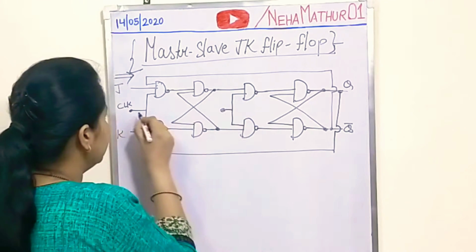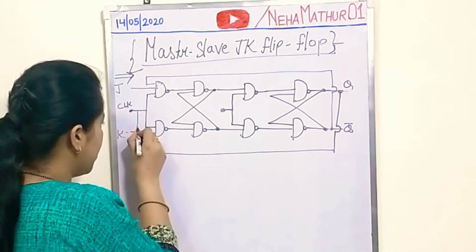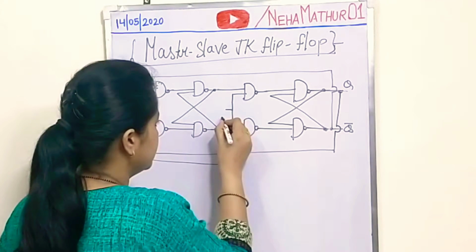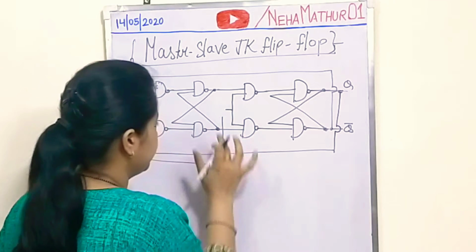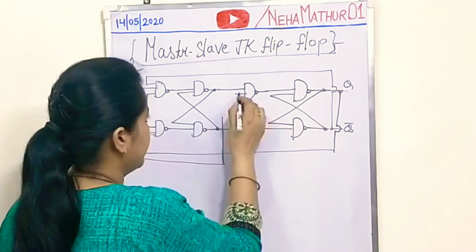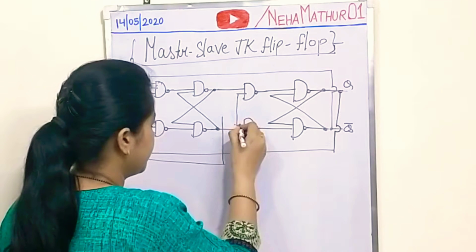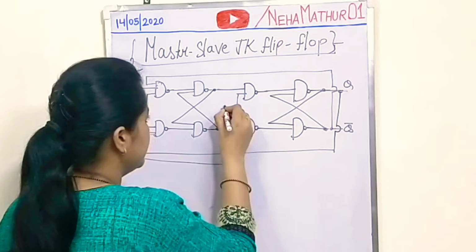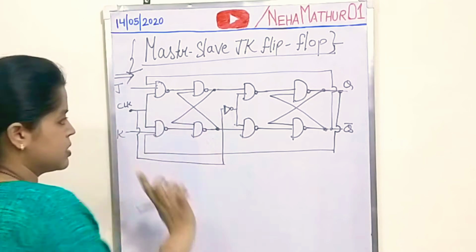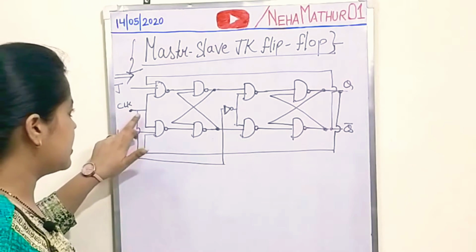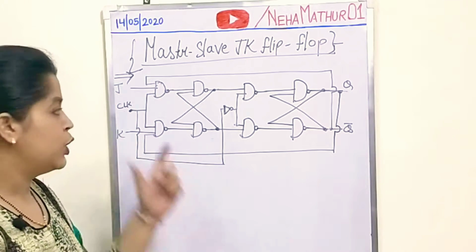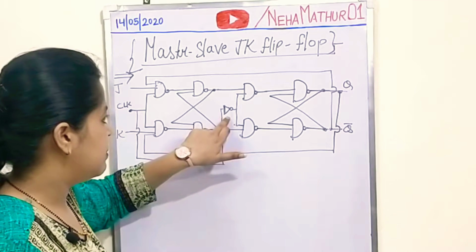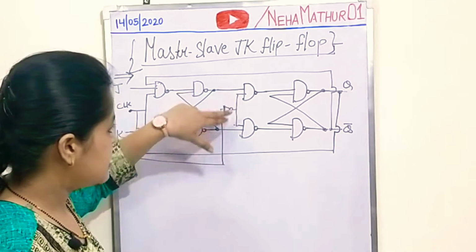Here I am using the same clock but with one inverter between these two clocks. I am directly providing the clock to the JK flip-flop, while to provide the clock for this SR flip-flop I am using one inverter.